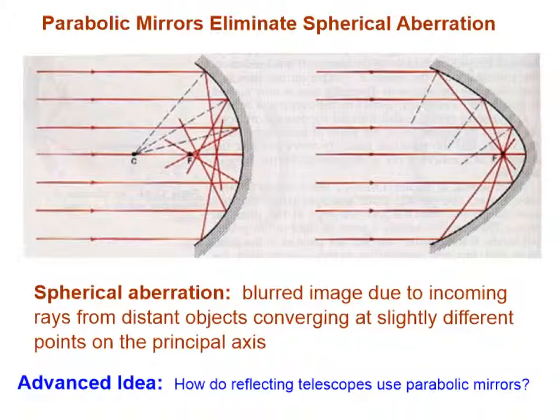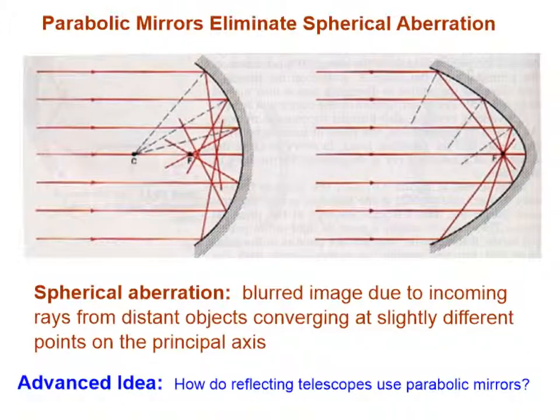A parabolic mirror is a segment of a paraboloid, which is just a three-dimensional parabola with the inner surface reflecting. All the rays parallel to the principal axis converge at the focal point regardless of where on the mirror's surface the rays are reflected. And so they will all be converging right at that focal point.